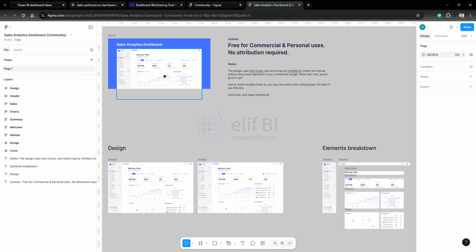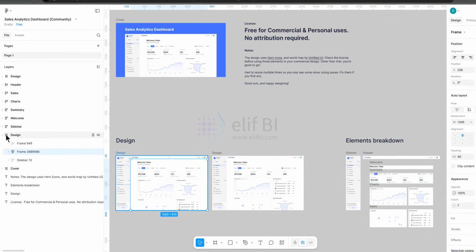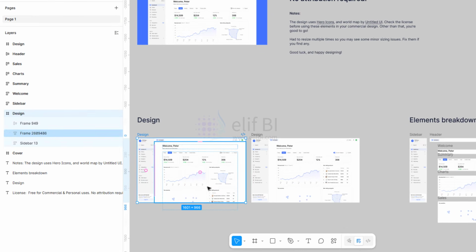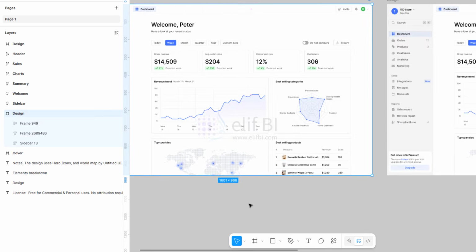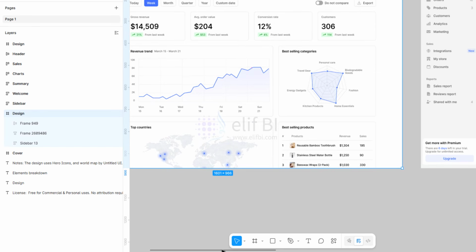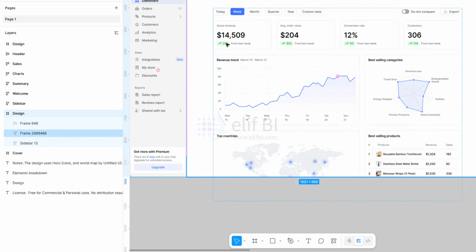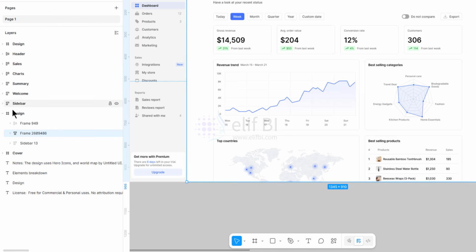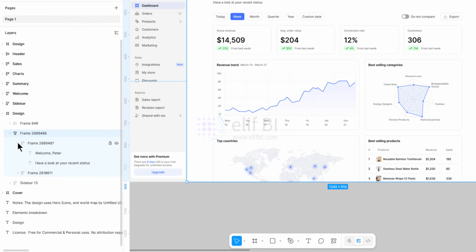Now here we've got this dashboard and we can see plenty of components, and this is something that we can reuse in our dashboard wireframe. So if I click here, I see that this is this frame. I would zoom in, then I double click on it and it opens more and more.